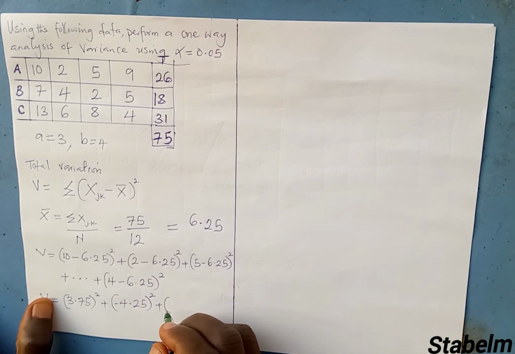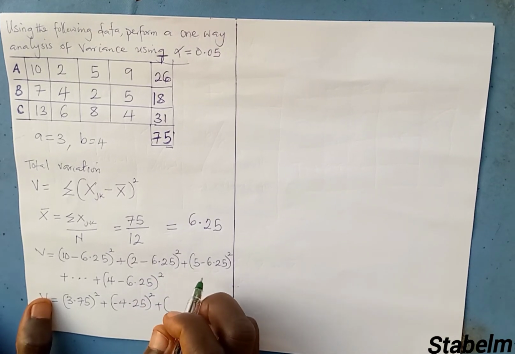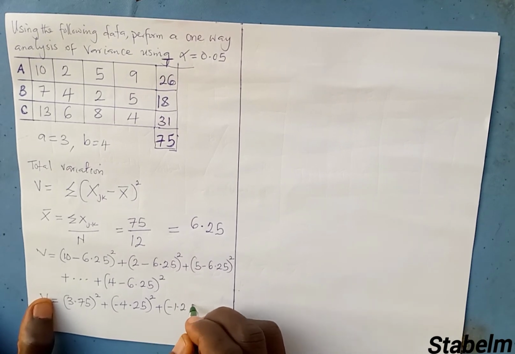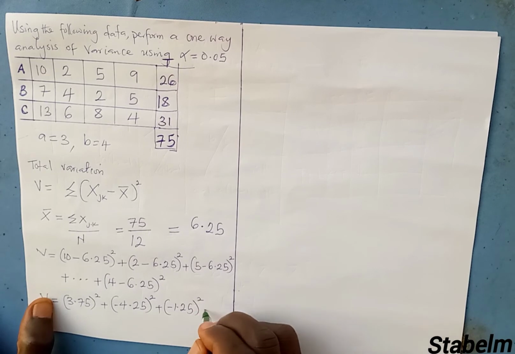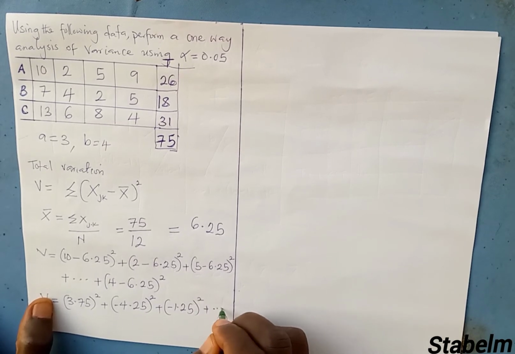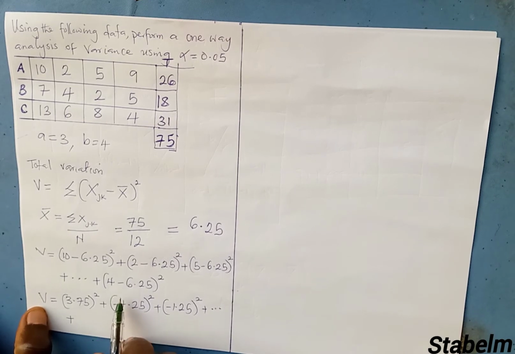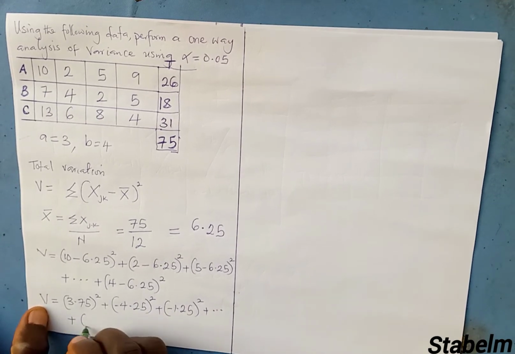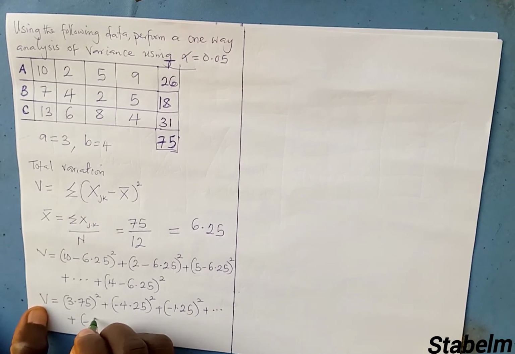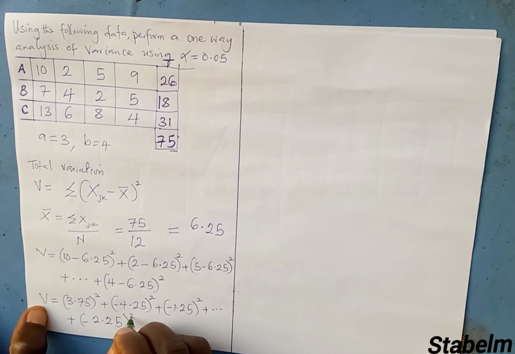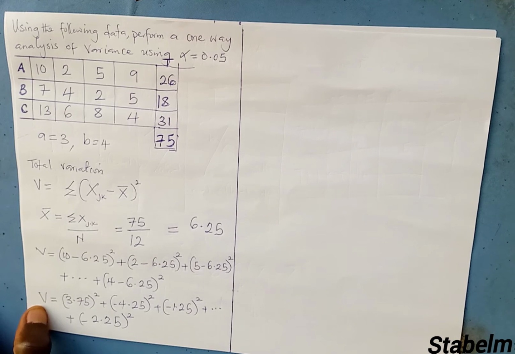So into bracket 5 minus 6.25, that will give us minus 1.25 raised to power 2, plus dot dot dot, plus the last value here, which is 4 minus 6.25, which is minus 2.25 raised to power of 2.